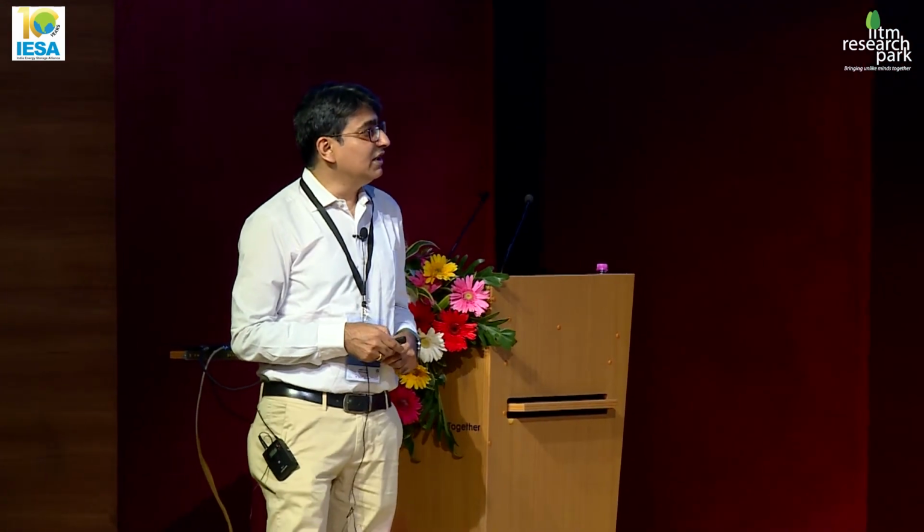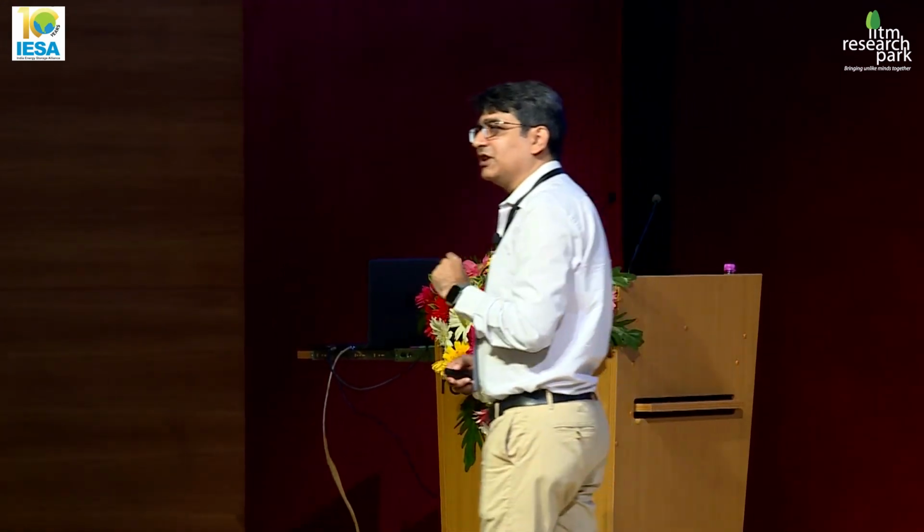So what basically goes on here? Hydrates form at certain temperature and pressure conditions. As I was telling you, this is not a chemical reaction, it's just water and gas which come together and form a crystal. At the right temperature and pressure conditions, this crystal will exist. And if you are away from this temperature and pressure condition, this crystal will not exist. So this is the phase diagram.